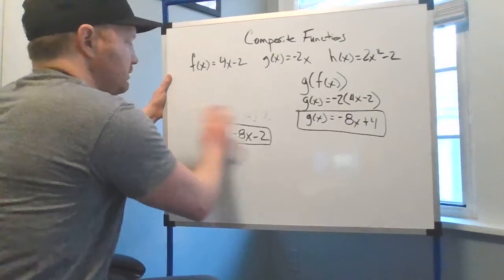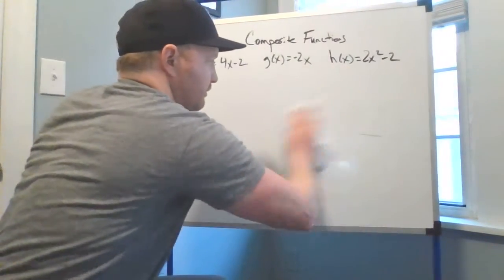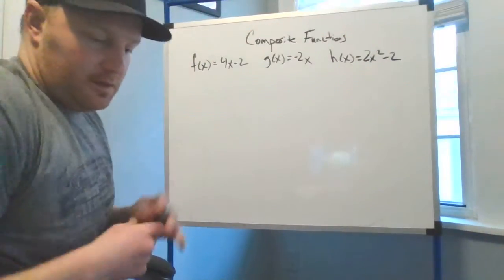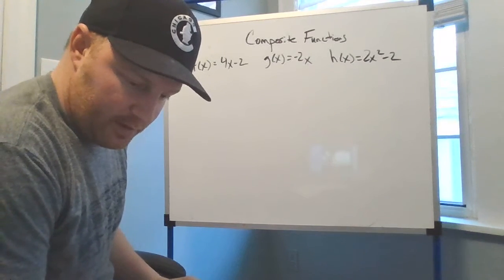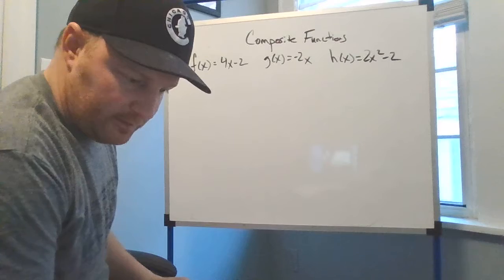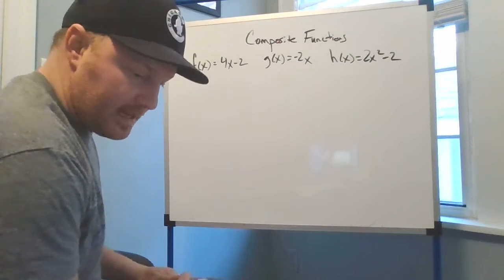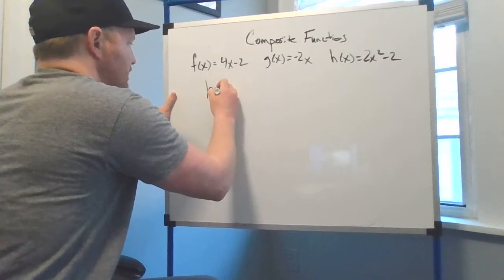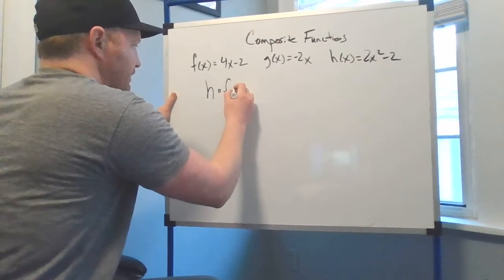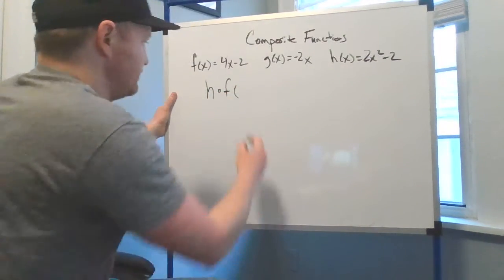I don't know why they do this, to be honest with you, but I want you guys to be comfortable with different ways of reading the same exact concepts. What if they asked you to find h of f of x?